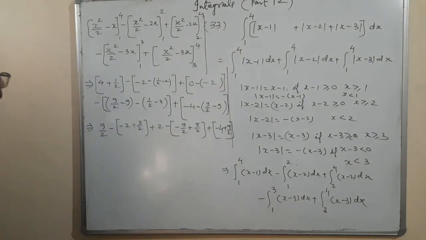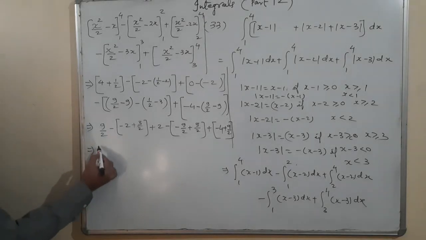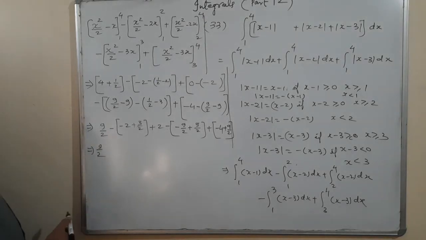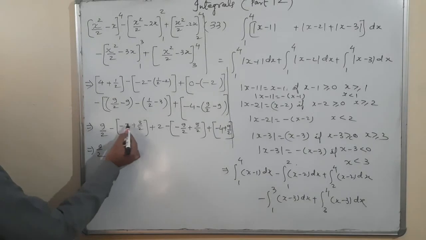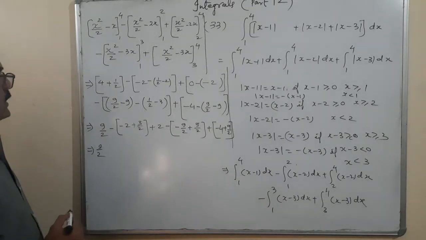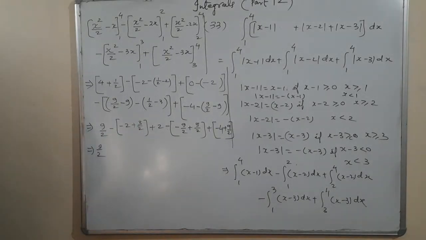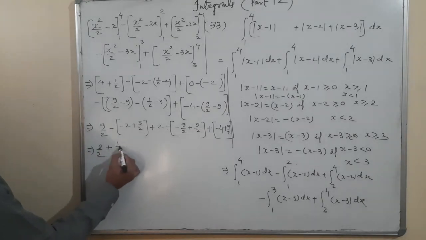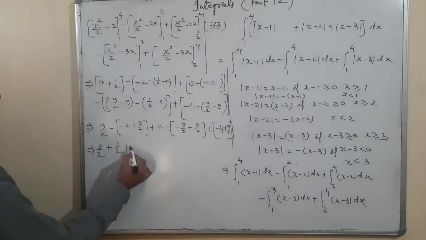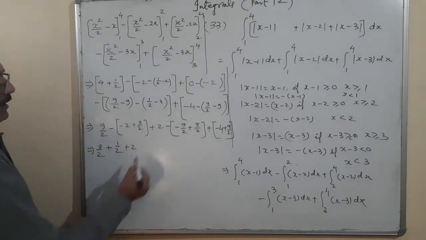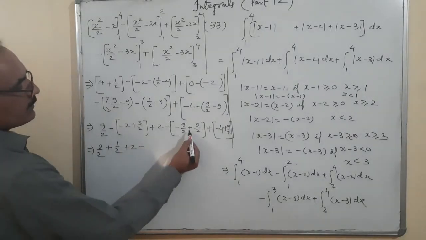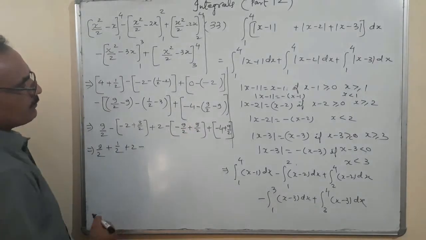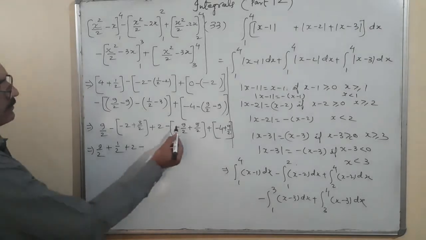Okay. 9 upon 2 minus 4 plus 3, minus 4 plus 3, minus 1 upon 2, it is plus 1 upon 2, plus 2, minus 9 plus 5 minus 4 upon 2 minus 2.